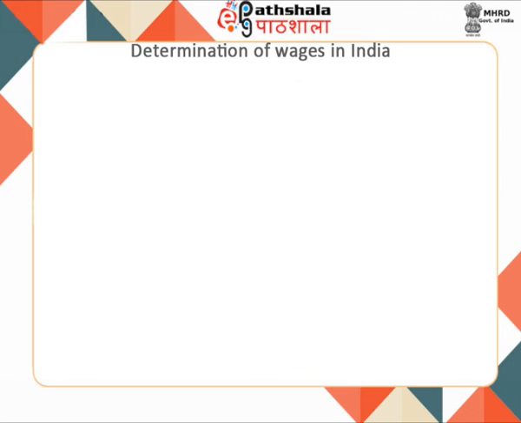For wages, there are acts like Minimum Wages Act 1948, Payment of Wages Act 1936, etc. While for salary, there is no such particular act which ensures the minimum salary to the employees. Wage earners are paid for overtime, which is usually more than the per hour rate, while for salary there is no such provision. Let's throw some light on the system of wage determination in India.